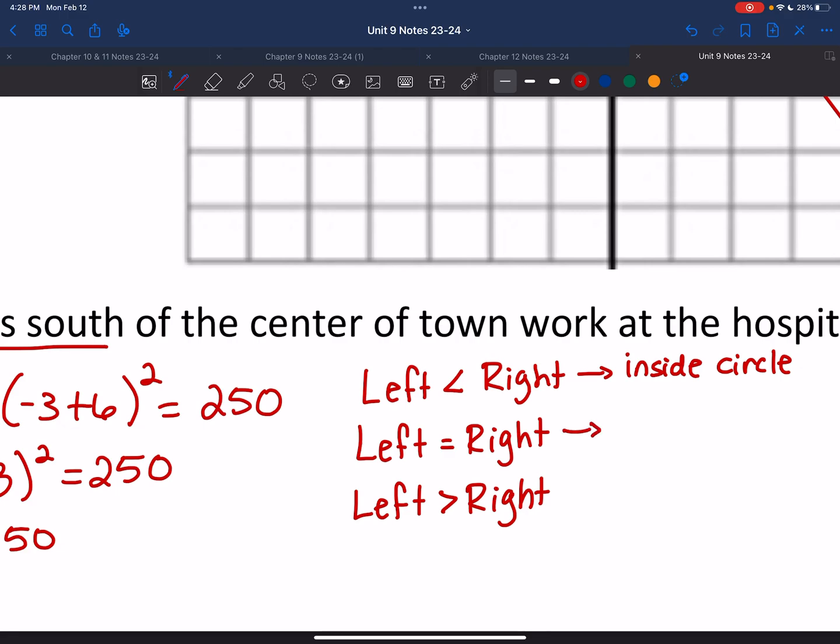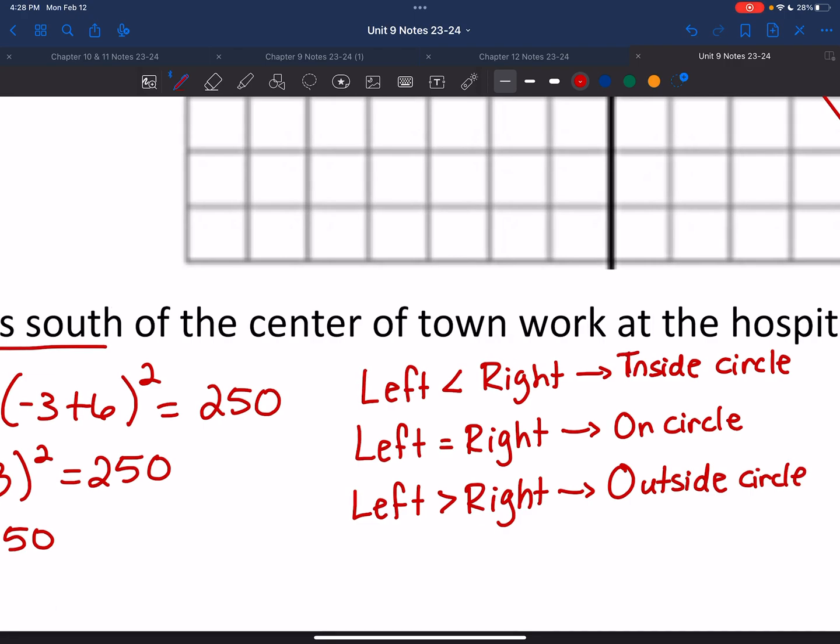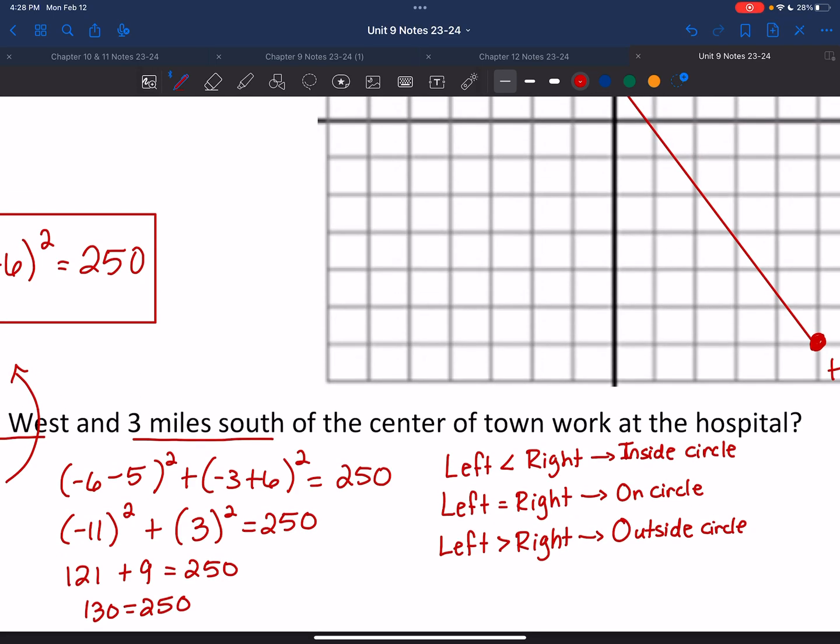If they are equal to each other, that means you are on the circle. And if the left side is greater than the right side, then that means it is outside the circle. So you might have problems that ask you, is this point inside, outside, or on the circle? You need to know how to determine that. So it needs to fall into one of these three categories.